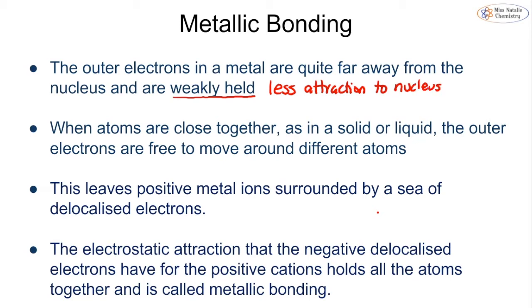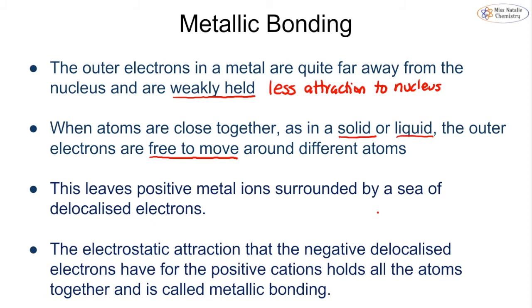Now, the effect that has is when a number of metal atoms, all from the same element, get close together, such as when we have a solid or a liquid, the outer electrons are far enough away from the nucleus that they actually become free to move because they have different attractions for other atoms within the substance.